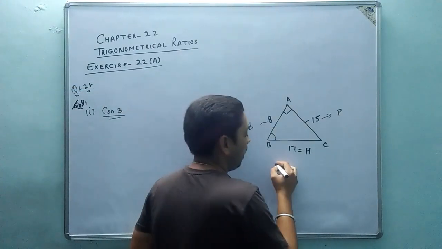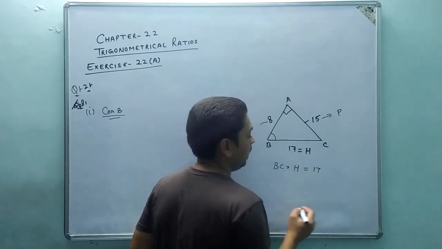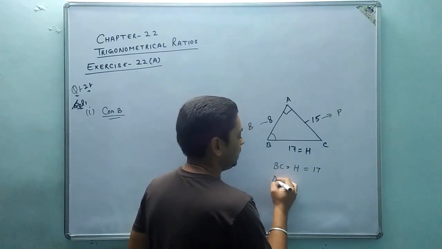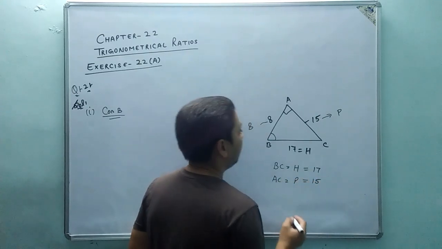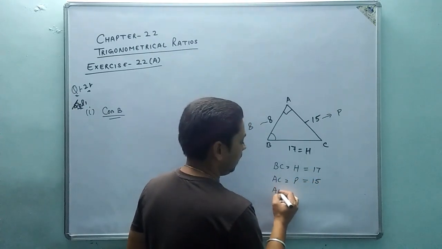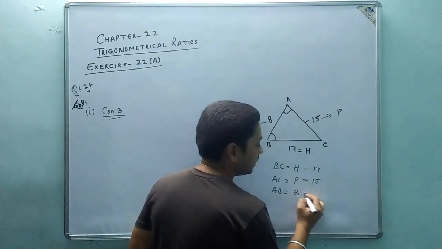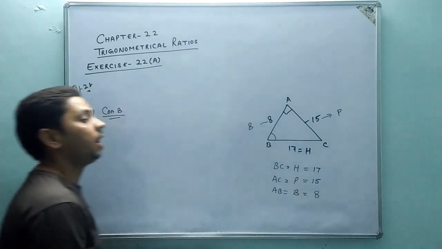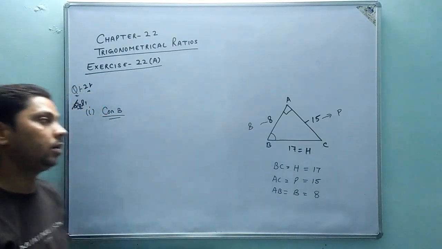So we have BC, the hypotenuse, equal to 17. Then AC, the perpendicular, is equal to 15. Then AB, the base, is equal to 8. So we have perpendicular, base and hypotenuse, all of this.